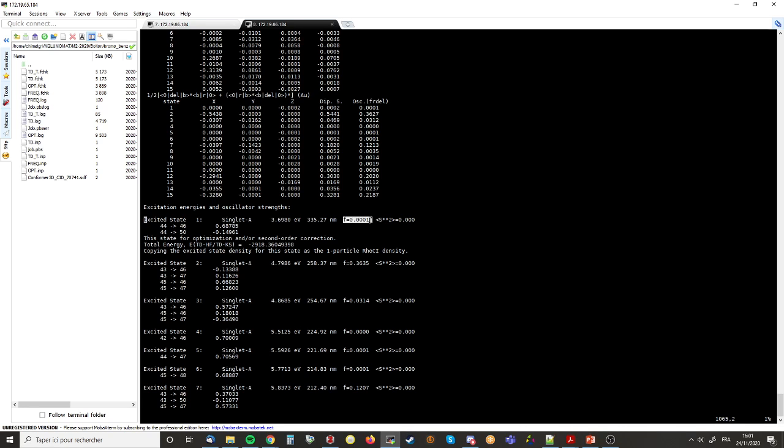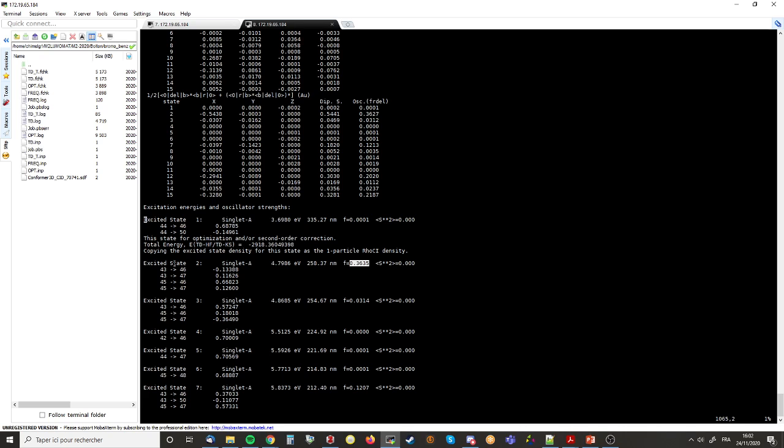The oscillator strength is the probability of the absorption. That means that here the probability is really weak. Here the probability is 36%. It's quite strong. So the first excited state is silent. That means that it does not show in the spectra.